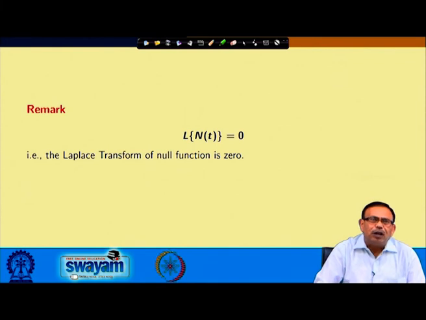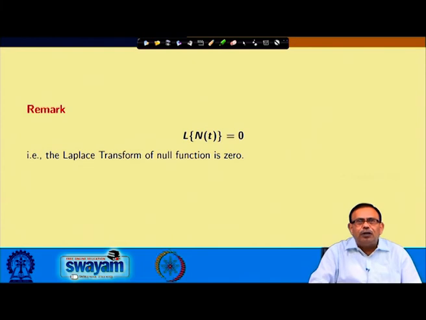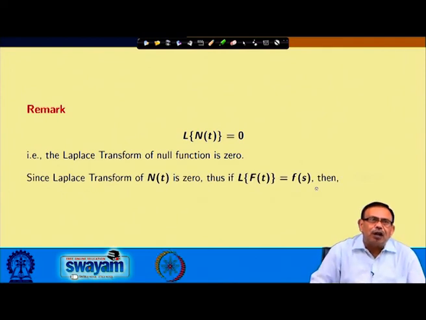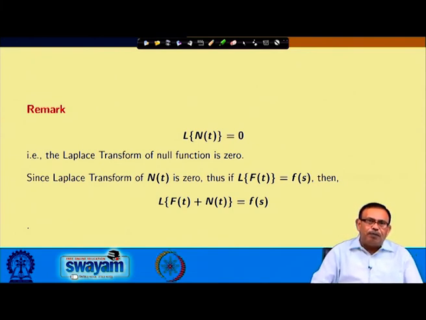And some remarks: the Laplace transform of a null function is always 0, because if you try to calculate it, it will become 0. And since the Laplace transform of a null function is 0, if the Laplace transform of f(t) equals, say, F(s), in that case I can write down the Laplace transform of f(t) plus n(t) is equal to F(s). So, please note this one.